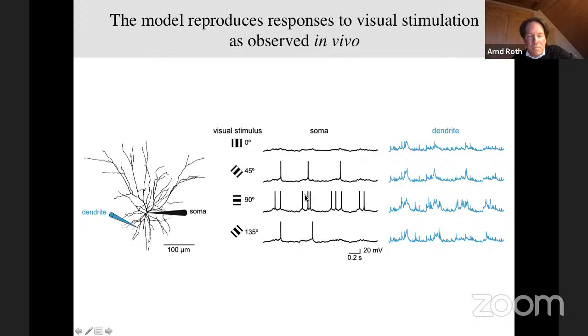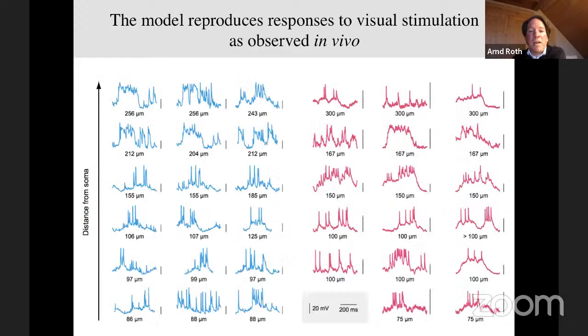We get tuning at the soma, and we get these weird high-frequency, variously shaped events in the dendrite that are also tuned. And if you now want to say which is which here, which is the experiment and which is the model, it is, well, not so obvious. So hint, the experiment is on the right.